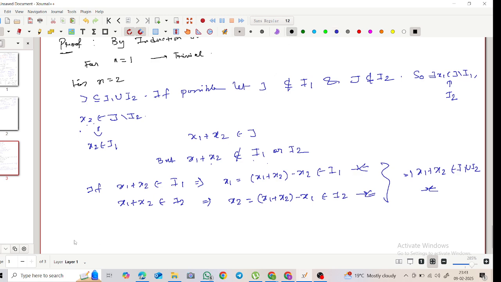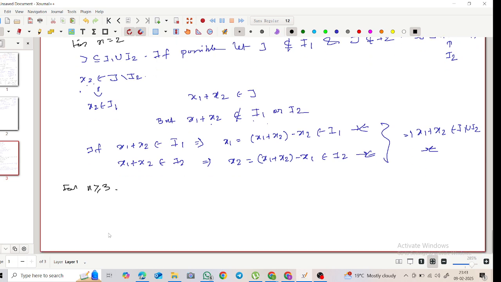Now for n greater than or equal to 3. Without loss of generality, you can assume that J is contained in the union and you can't drop any ideal.